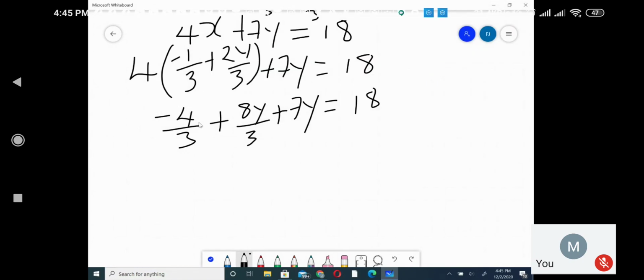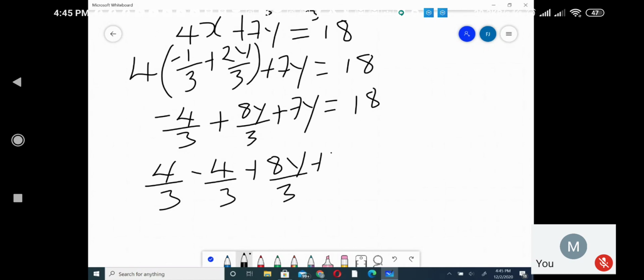So that would be 4 over 3 minus 4 over 3 plus 8y over 3 plus 7y equals 18 plus 4 over 3.